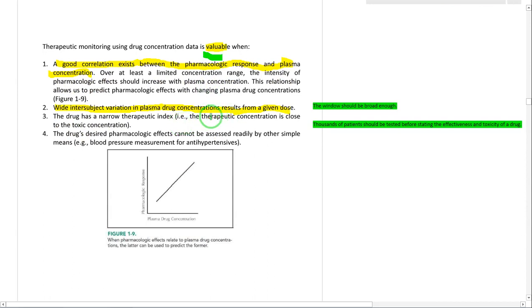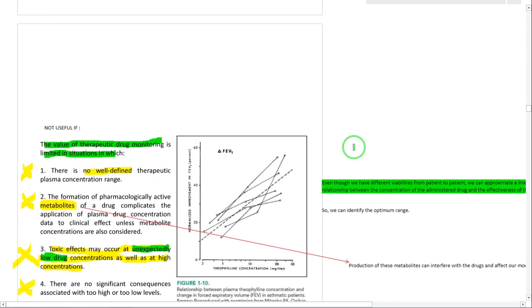On the other hand, the amount of information that we get should come from thousands of patients. I mean, we just cannot say that we have one patient and this diagram coming from one patient is what we can trust.